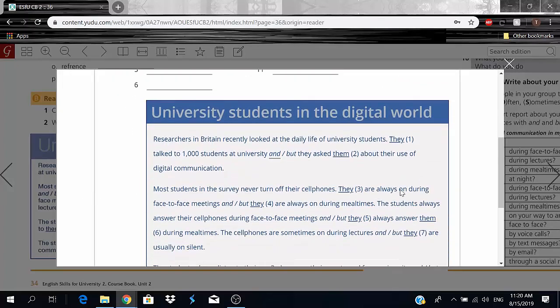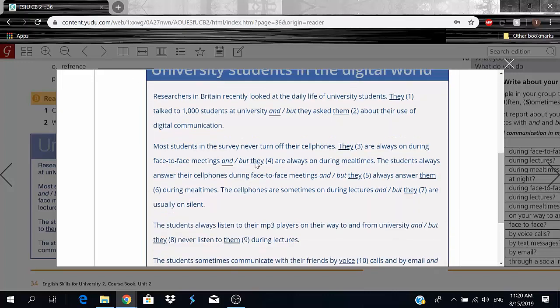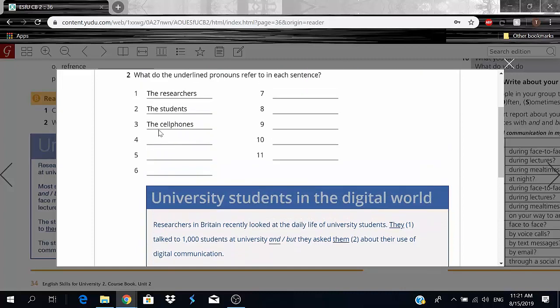They're always on during face-to-face meetings, and or but, we're obviously going to use and. So, what does they refer to here? They is referring to the cell phones, you guys. Okay, so the cell phones one more time.